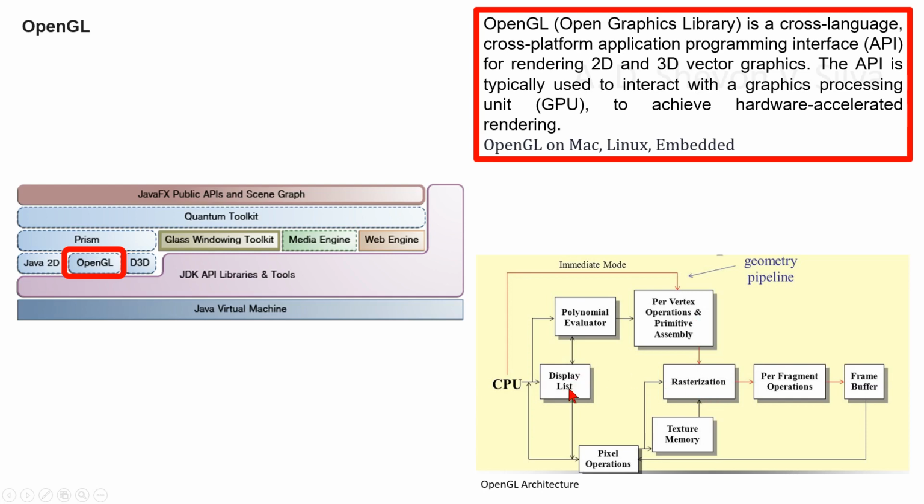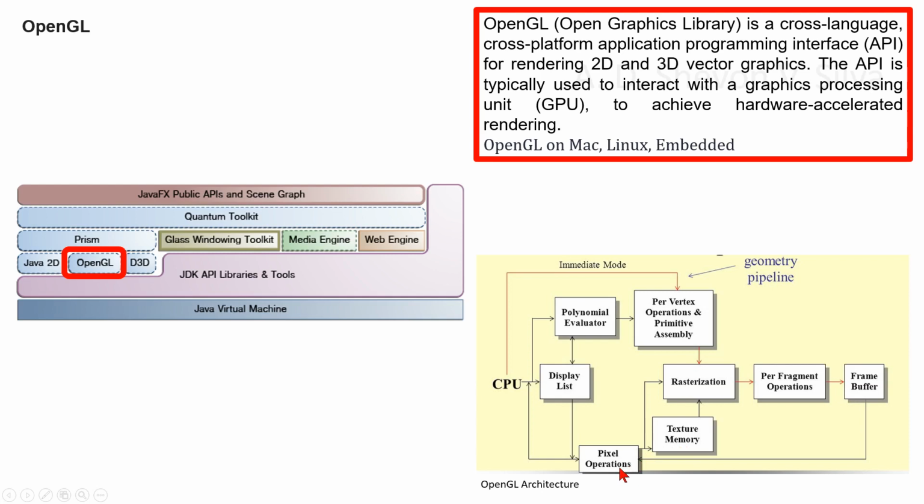Display list is connected to pixel operations. And pixel operations are connected to texture memory.